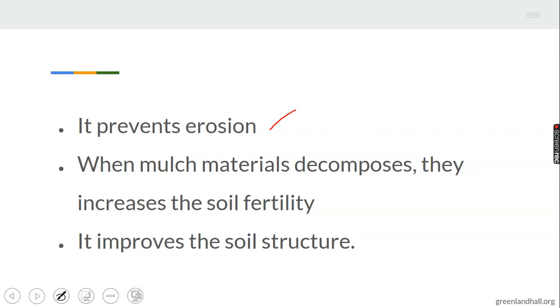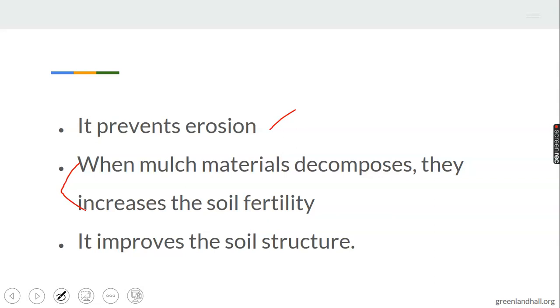When mulch material decomposes, it increases the soil fertility. This is very important. This is the most benefit of mulching. The mulch materials placed on the surface of the soil, the sawdust, the dry grasses, the wood, decompose over time and add nutrients to the soil. We are going to treat a topic later titled manure and manuring.